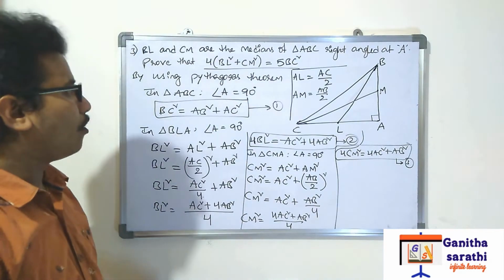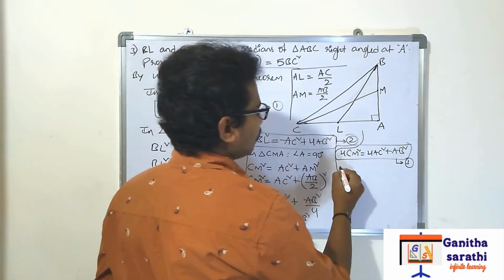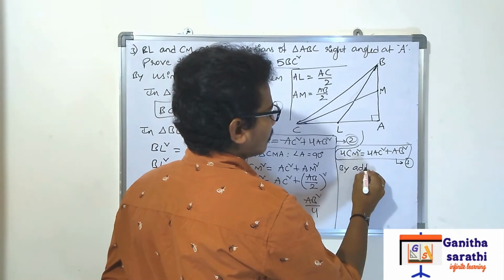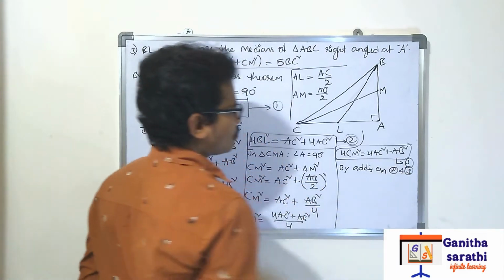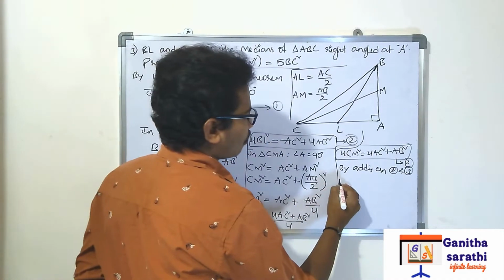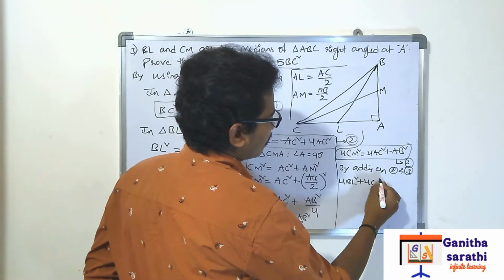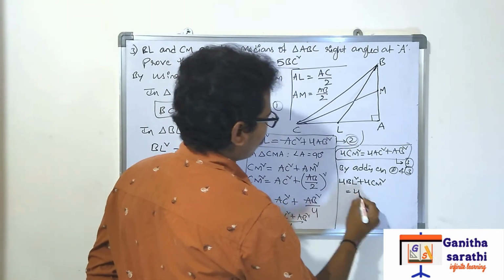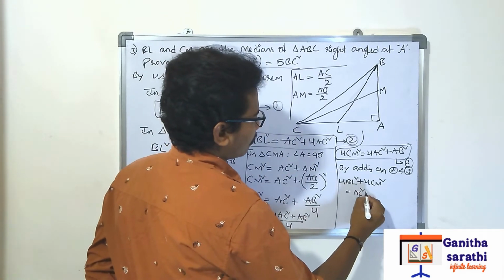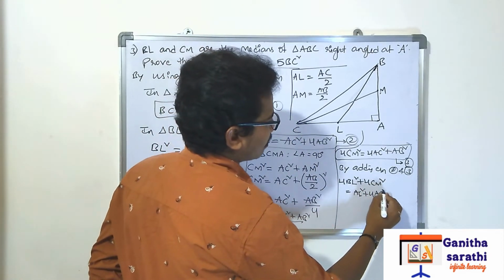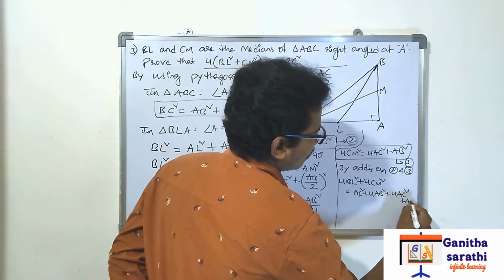Now we have equations 1, 2 and 3. By adding equations 2 and 3, we get 4BL square plus 4CM square is equal to 4AC square plus 4AB square plus 4AC square plus AB square.